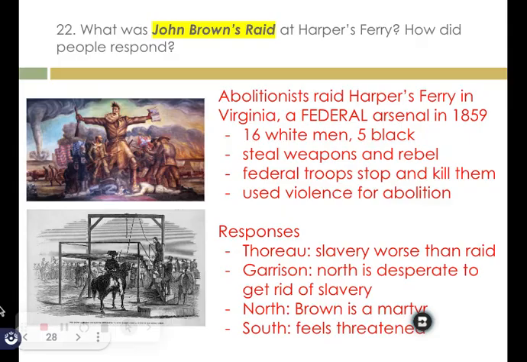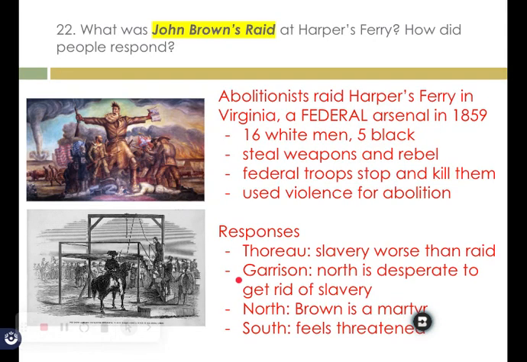Then you have William Lloyd Garrison. He is that white abolitionist who wrote The Liberator and created the American Anti-Slavery Society. And we know that Garrison is also a pacifist, which means that he does not believe in violence.